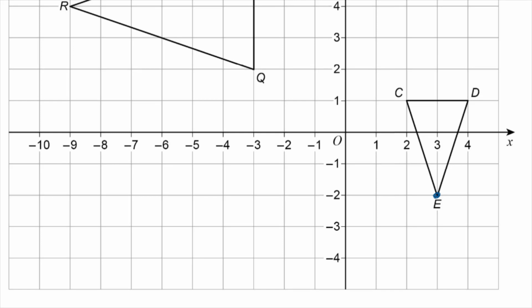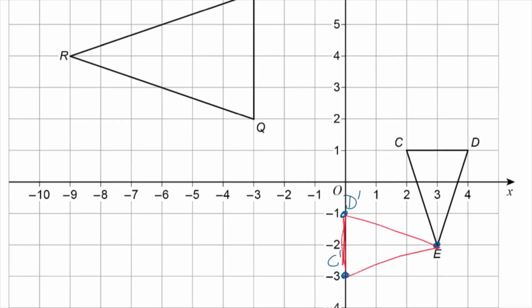That means my triangle is going to be, well, the point D is going to end up here. So that's going to be D dash. And C is going to be down there. That's going to be C dash. So we're going to have a triangle here. Okay. And then it ends up there.